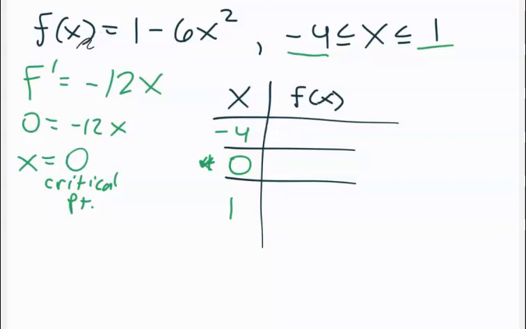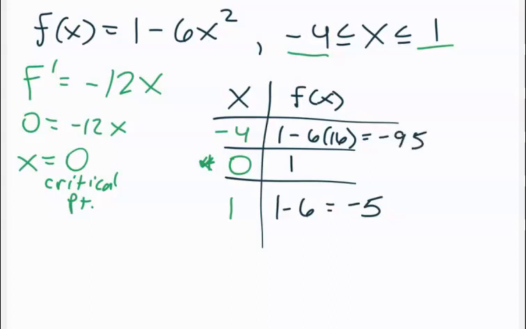If I put negative 4 into this, I get 1 minus 6 times 4 squared, which is 16, so a pretty big number here. And if I put 0 in, I get 1 minus 0, so 1. And if I put 1 in, I get 1 minus 6, so negative 5. And this one is negative 95.